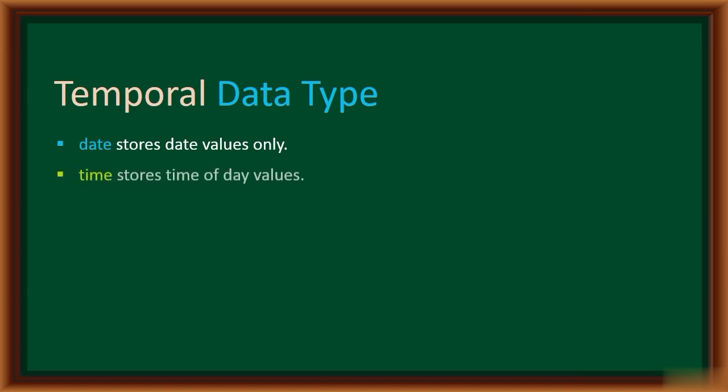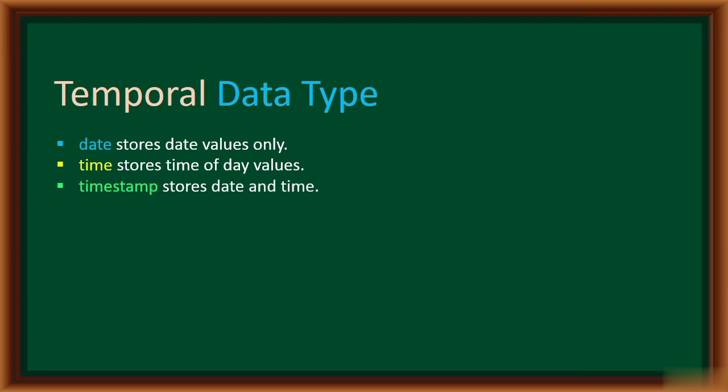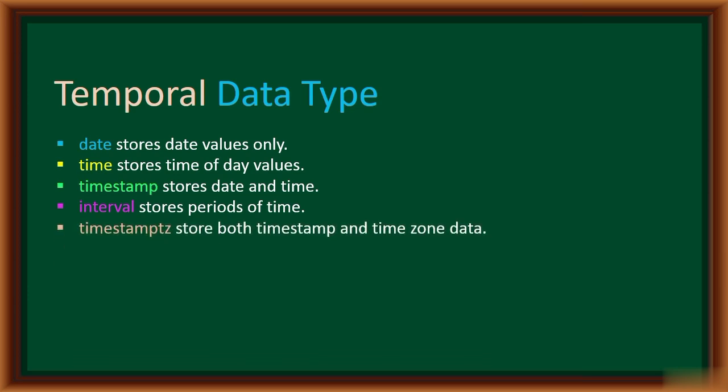We've got the timestamp that stores the date and the time. And then we've got the interval. The interval stores periods of time. And we've got the timestamptz. This stores both timestamps and the time zone data. The timestamptz is a Postgres extension to the temporal data type.